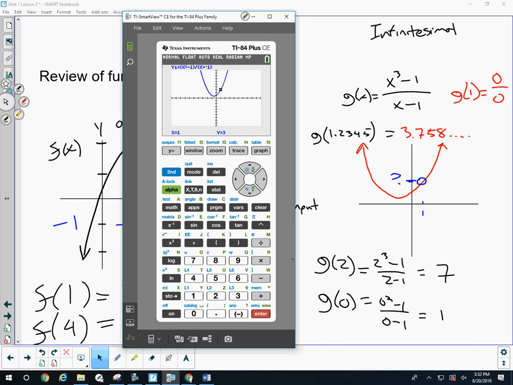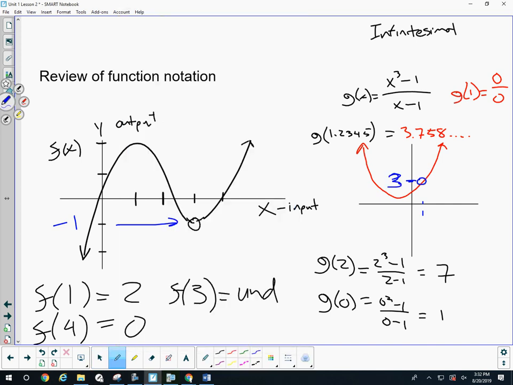Now this is actually a misleading thing your calculator is showing you, because when I plug in 1, I have blank space. But if I go really, really close to 1, we're going to get a number very, very close to 3. So that is showing me that this location is actually (1, 3).